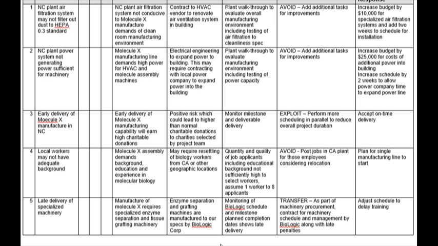The indicators, a plant walkthrough to evaluate the overall manufacturing environment. Management strategy. Notice my use of our risk terms, avoid. And then our response is increase the budget for specialized air filtration systems and add 2 weeks to the schedule for the installation.